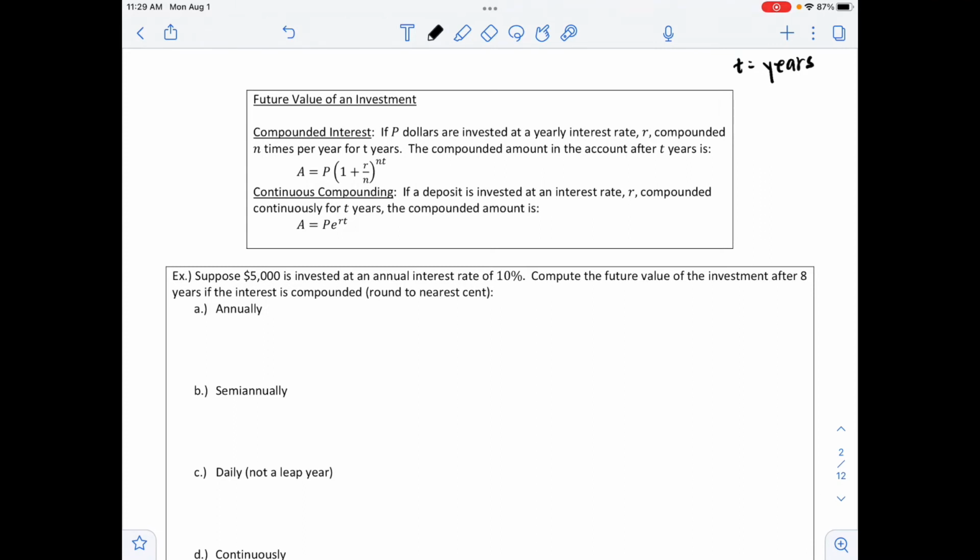And so sometimes they'll say it's half a year or 6 months, and so T would be 0.5 or 1/2. And R is going to be your interest rate, but you need to make sure you state this as a decimal. The other thing to note in these formulas, especially for this first one that we have, is n. And n is the number of compoundings per year.